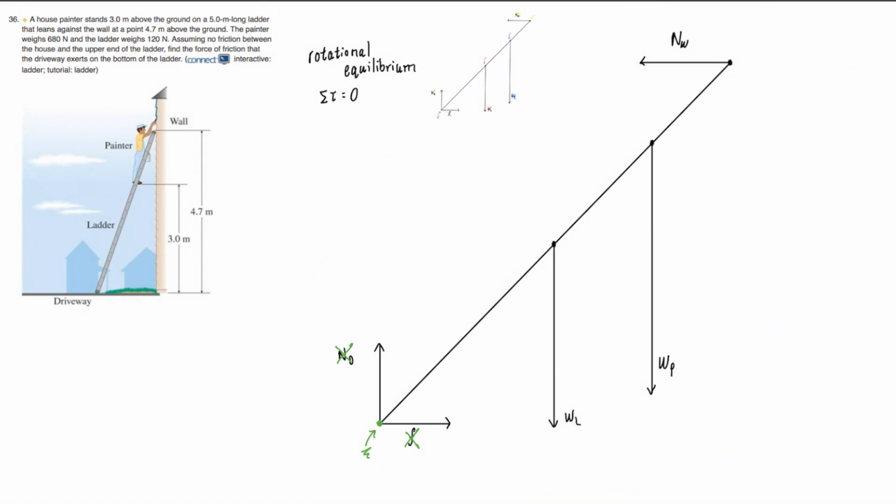And because our green dot is our axis of rotation, we can erase these 2 forces and take those out of the picture. So this green dot right here, this is our axis of rotation.